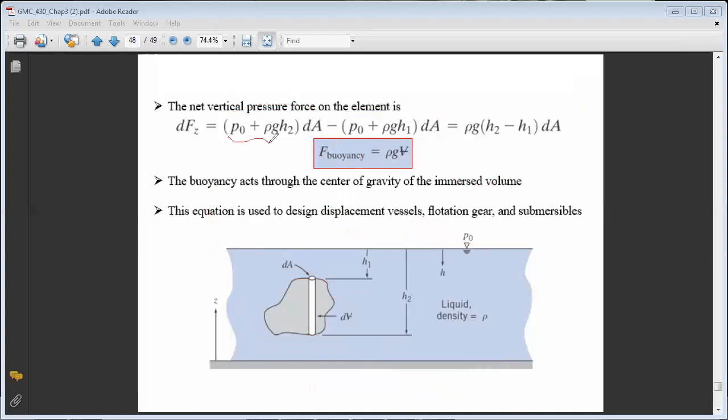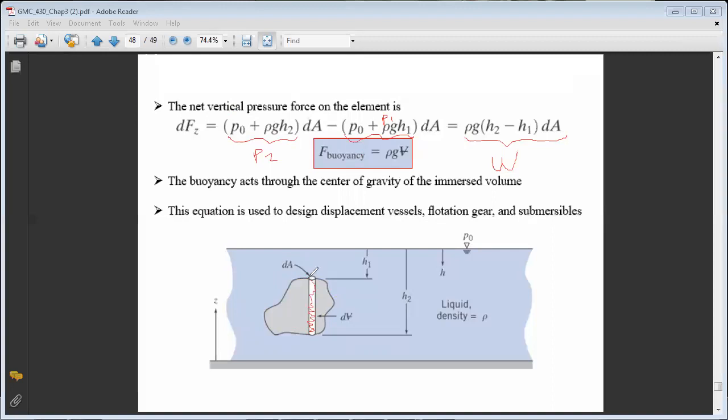So, as we said, this is P2 minus P1 times dA equals the weight. Okay, so this is the weight W of this part.